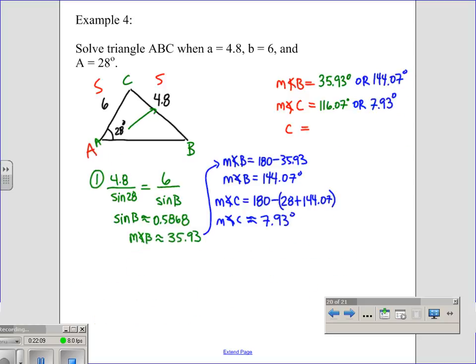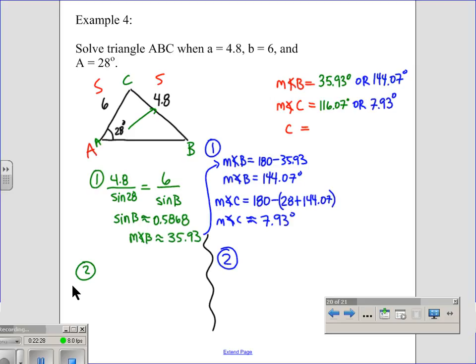So let's split this. In each case, we're going to find out what c is.